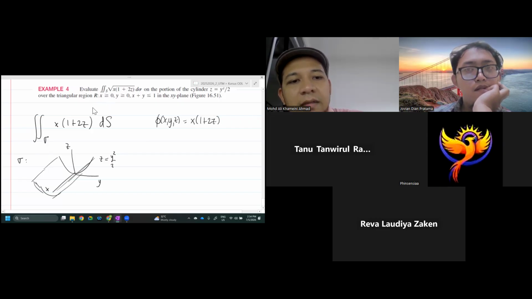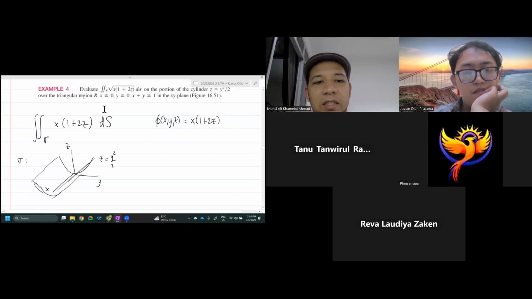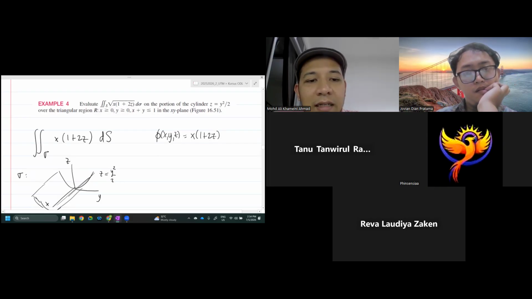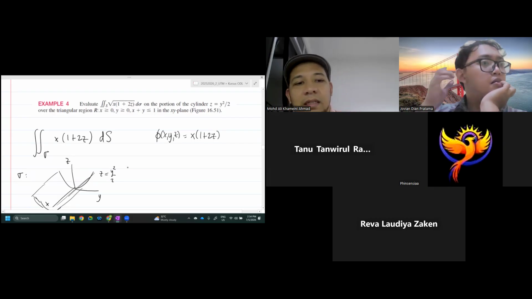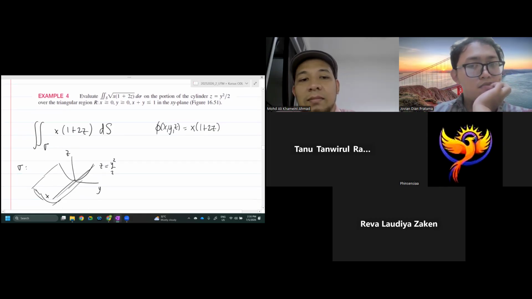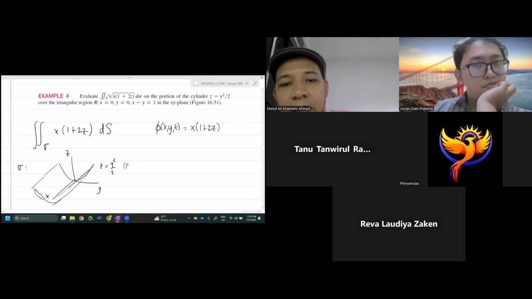But only a portion of it, in a triangular region. So you sketch the region and cut along it the parabolic cylinder.